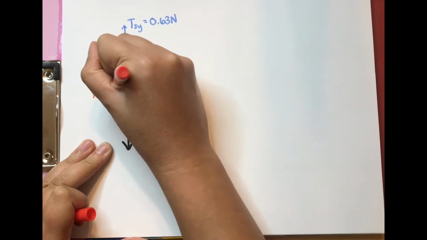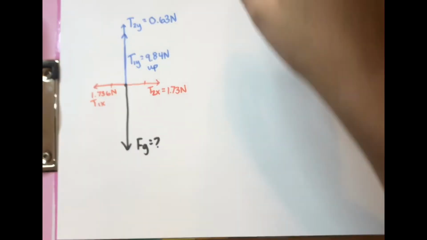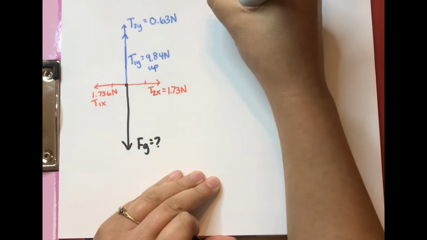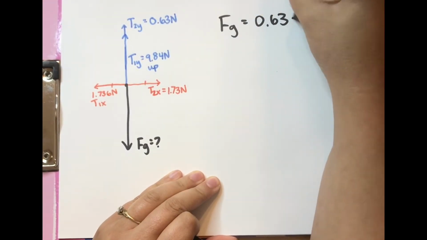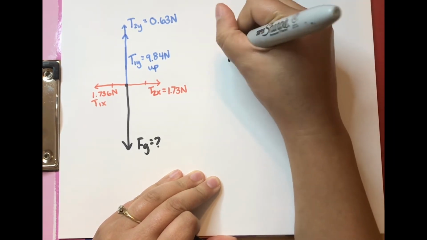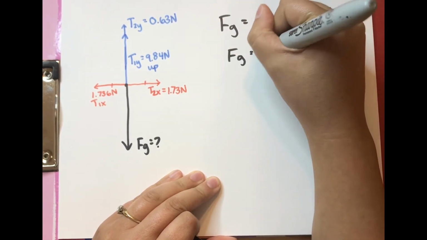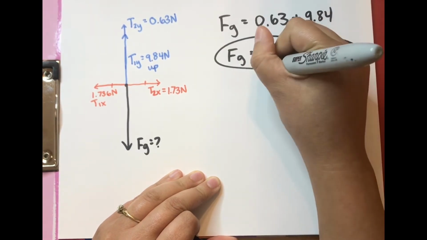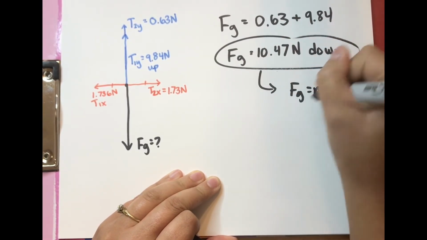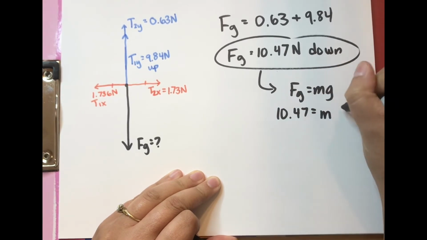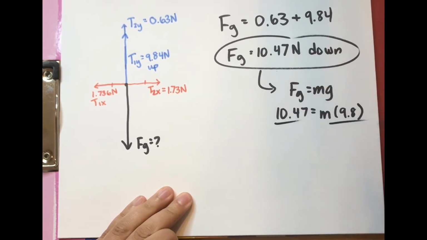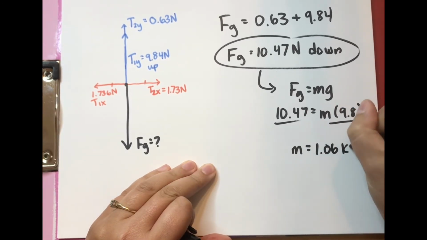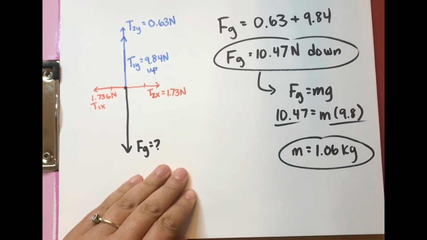And when you do this in real life, you'll see that sometimes the tensions are a little bit off, but if you know they're in equilibrium, you can say that's close enough. So in the x direction, equilibrium. In the y direction, equilibrium means that the weight of the object is 10.47 newtons down. I would take my two components in the y direction and add them together. Finally, let's calculate the mass by dividing by 9.8 on both sides to get 1.06 kilograms.